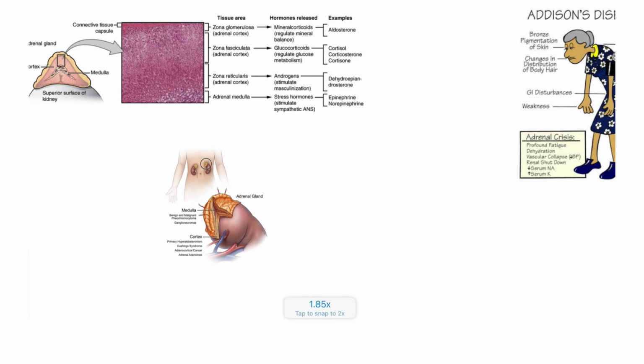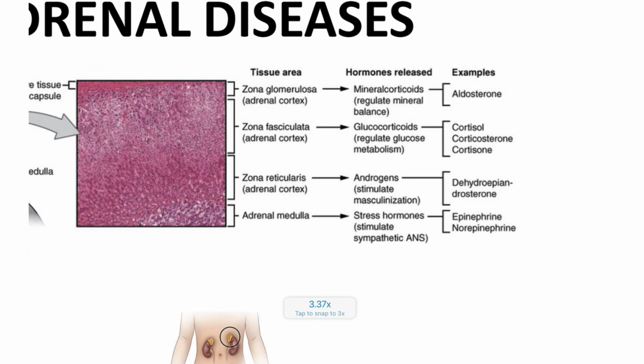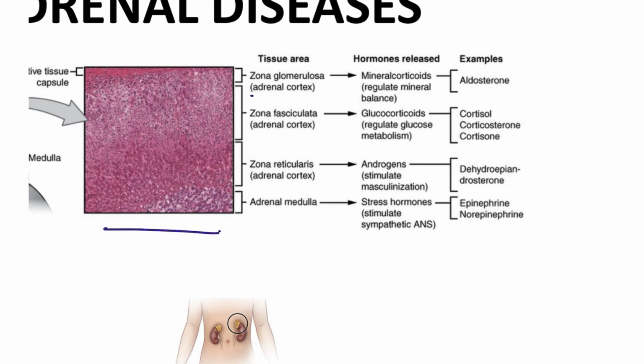Next, adrenal disorders. Coming to adrenal disorders, this is a very easy topic and easily identifiable, so no mistake has to be made. The question can be asked with this image also. Histology: there are three layers, glomerulosa, fasciculata, reticularis. Glomerulosa produces mineralocorticoids, fasciculata produces glucocorticoids, and reticularis produces androgens.